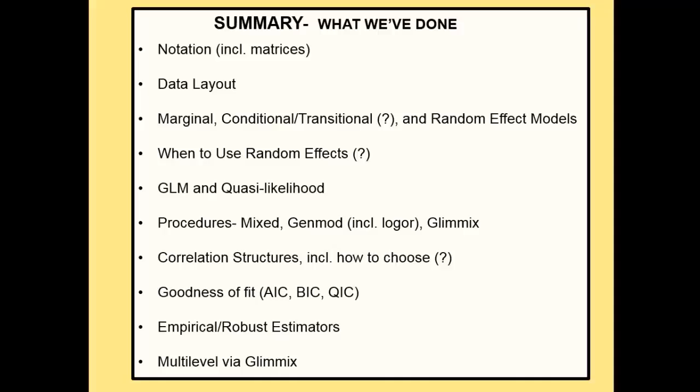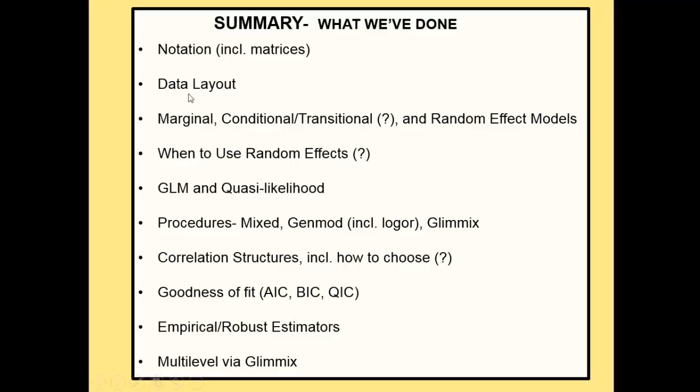For the most part, matrix mathematics is not something you really have to worry about, but the more you understand what a matrix is and how it works, the more you can follow some of the literature and even some of the slides that get a little bit more complicated, like what I did when I talked about the robust sandwich estimator.